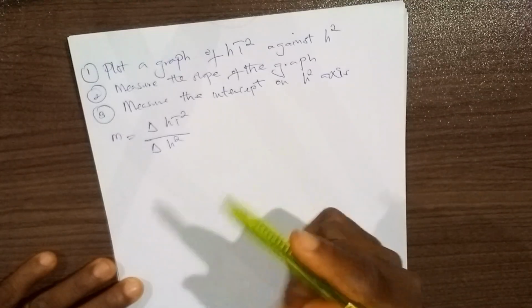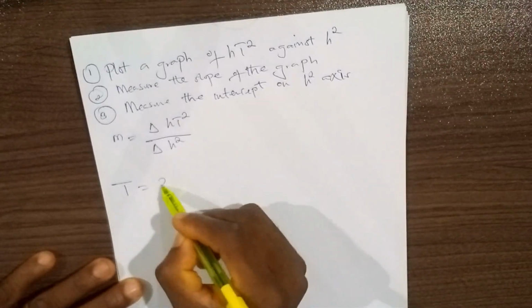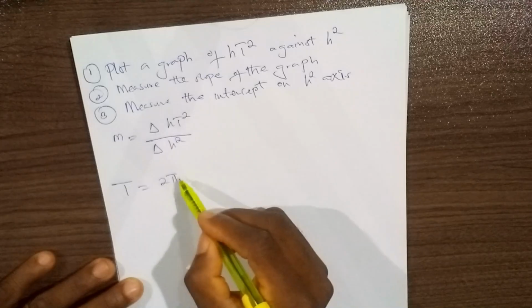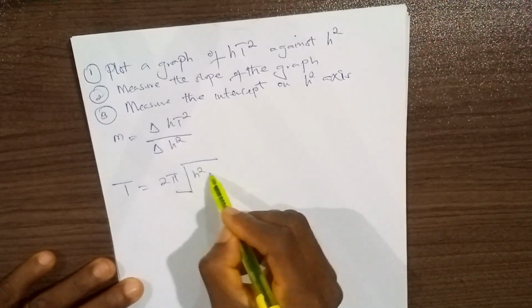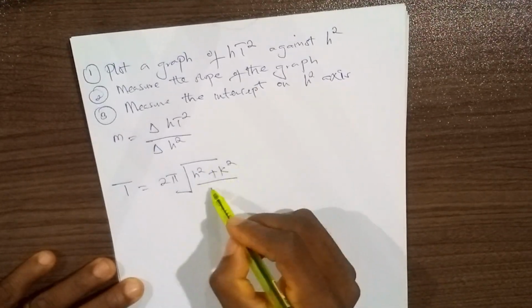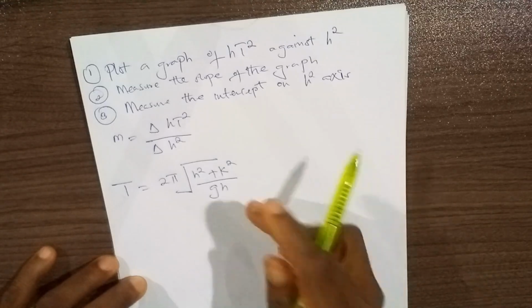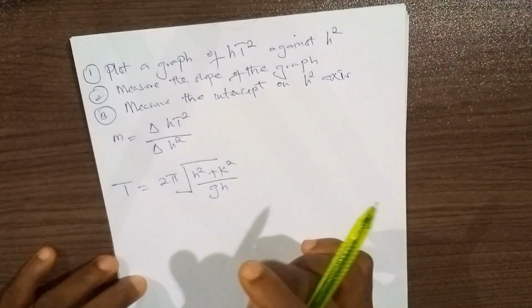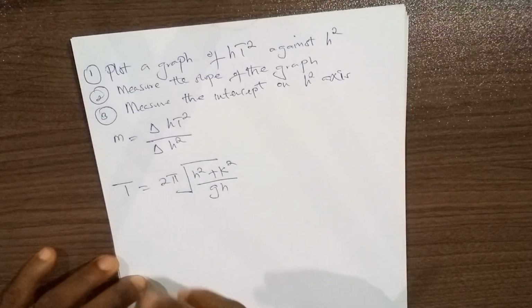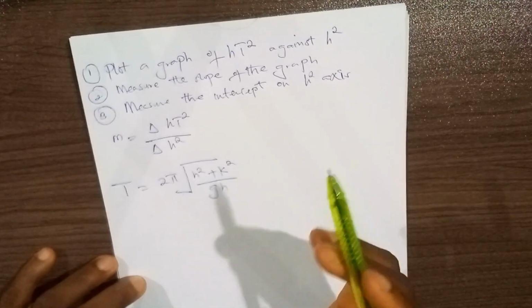T, the period of oscillation for a compound pendulum, is equal to 2 pi square root of a squared plus k squared all over g multiplied by h, where h is the distance between your point of rotation and the center of gravity.